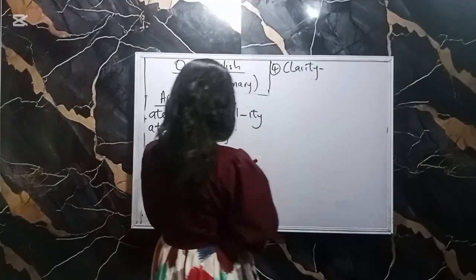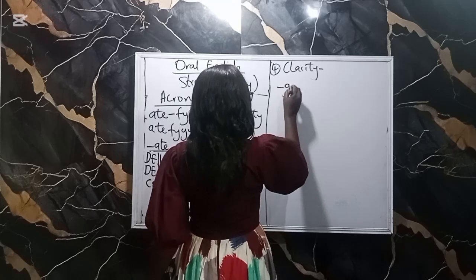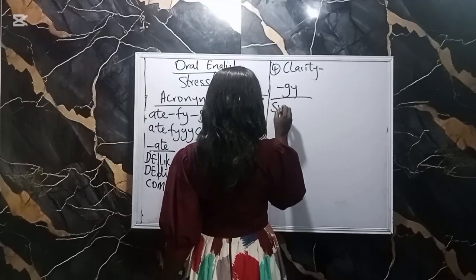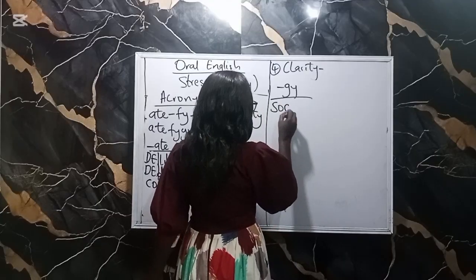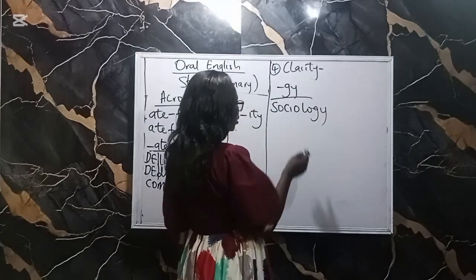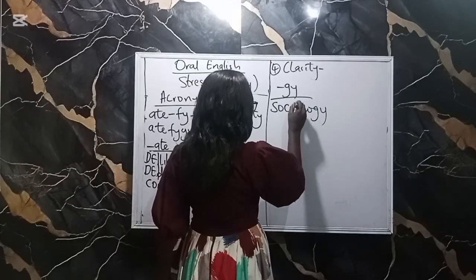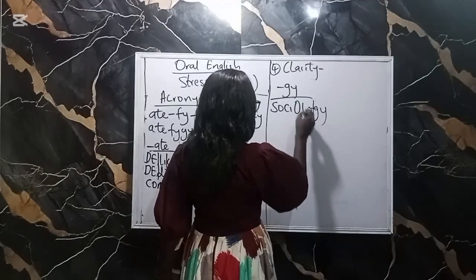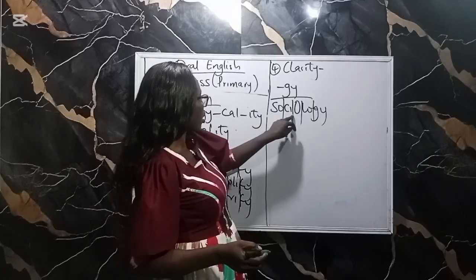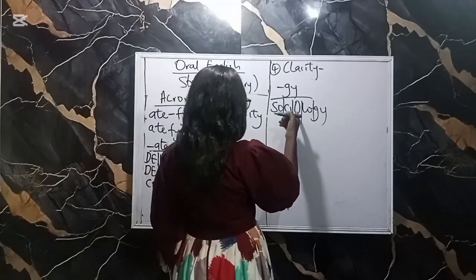We are going to gy now. Under gy, we have sociology. We count 3. 1, 2, 3. That means o should be capital. It has 5 syllables, and it's stressed on the third.